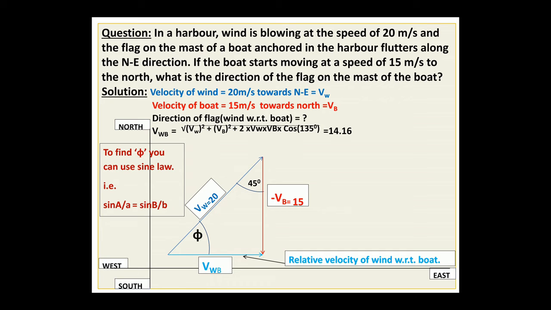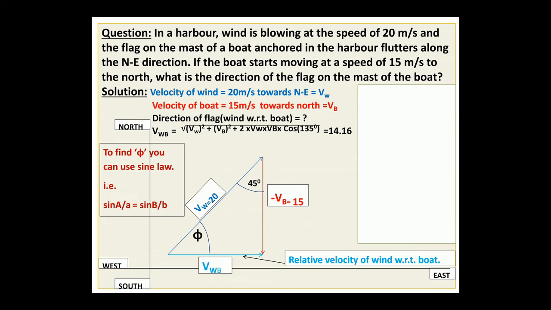So sine capital A divided by small a, where capital A is the angle and small a is the length of the side in front of angle capital A, will be equal to sine capital B divided by small b, where capital B is another angle and small b is the length of the side in front of capital B.